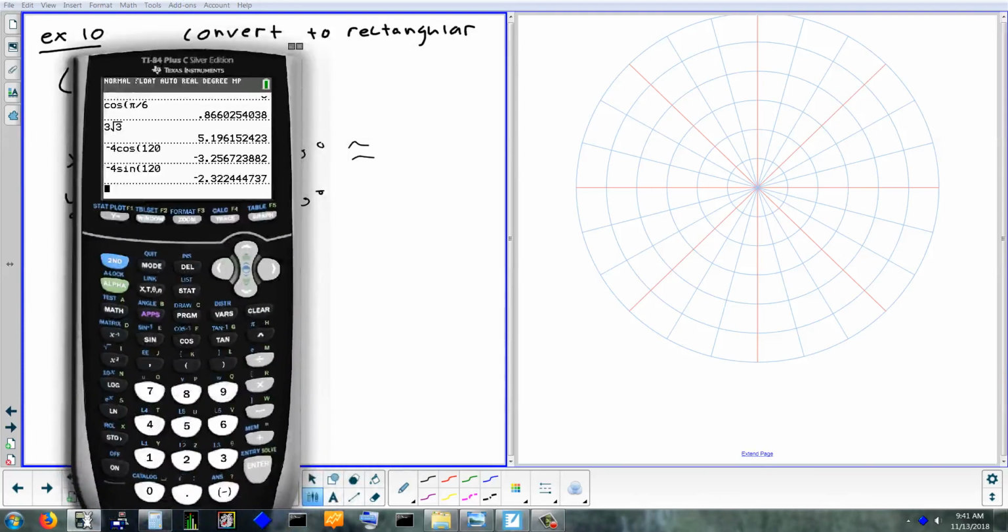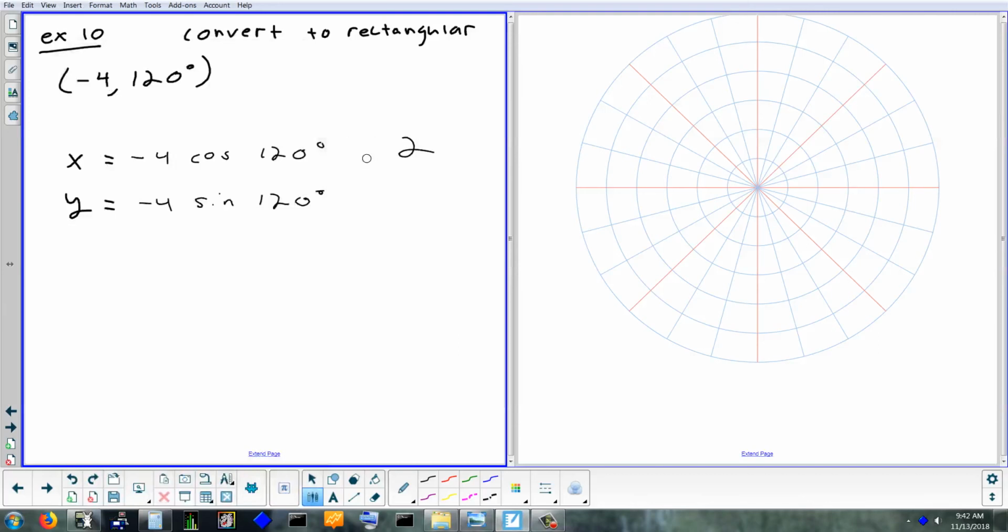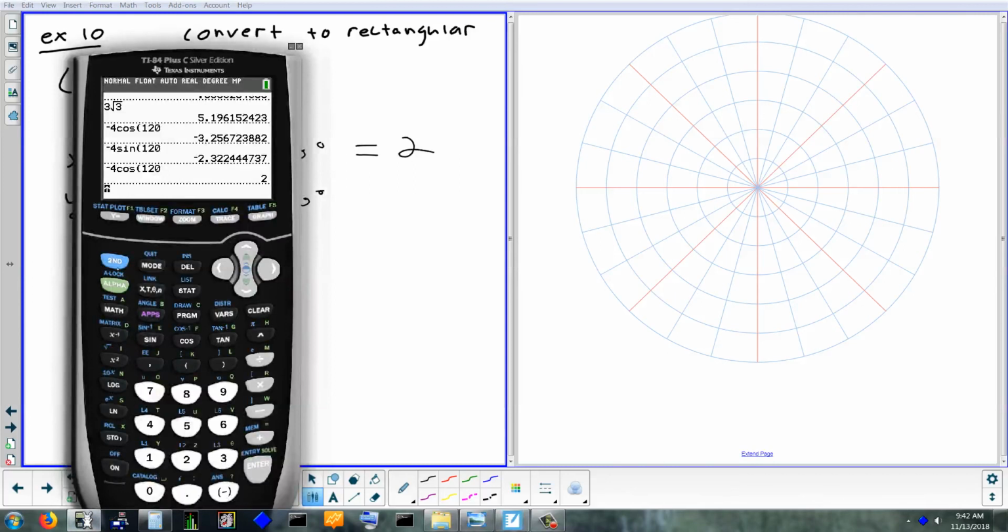So let me just type it in again. So -4 cosine 120, there's my nice answer, 2. So if that's the nice answer, the next one is going to be the messy answer. -3.46.